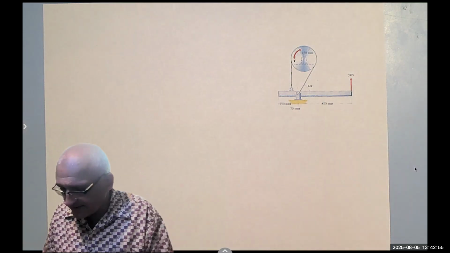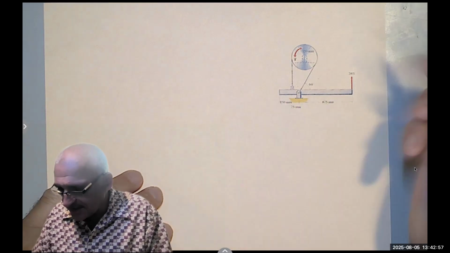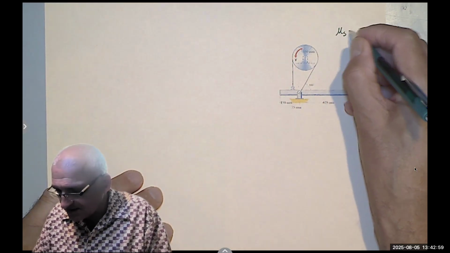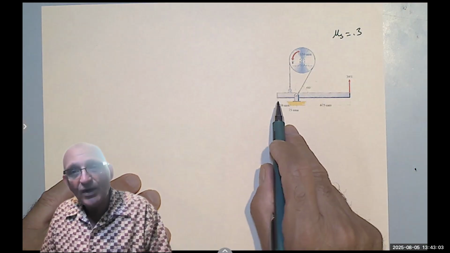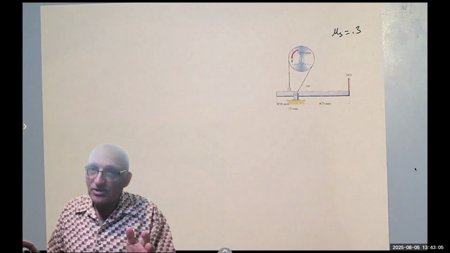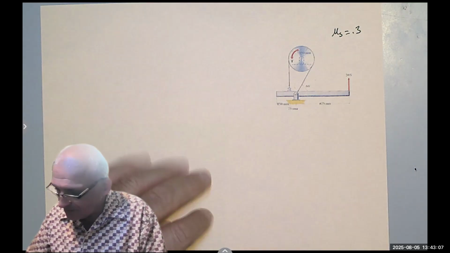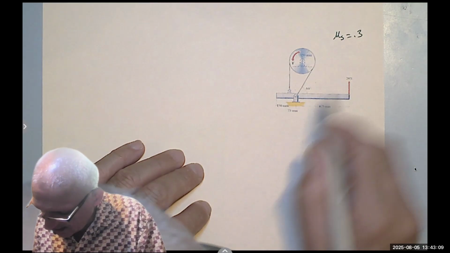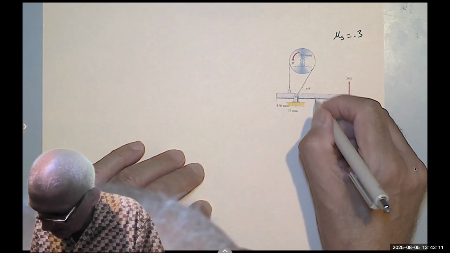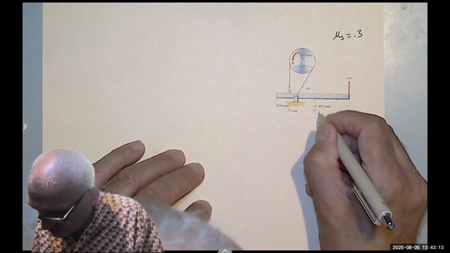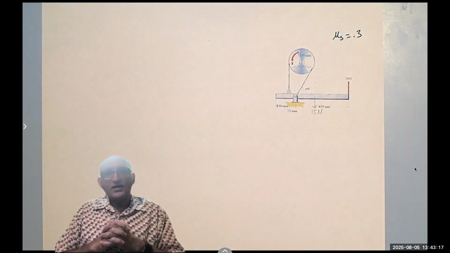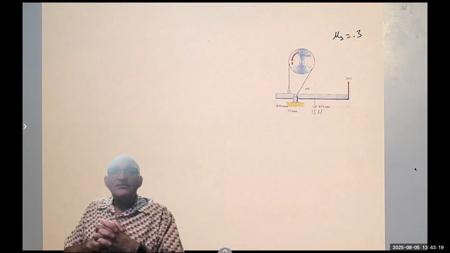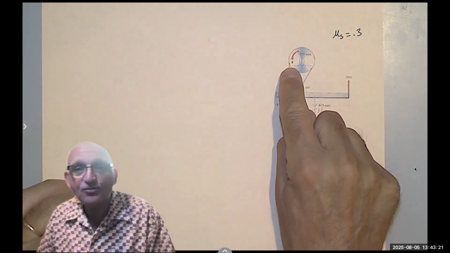And they tell you that mu sub s here is 0.3, and the weight of this handle is not negligible. It is 15 Newton, just 15 Newton. And now we need to solve to find the maximum torque T that we can stop.